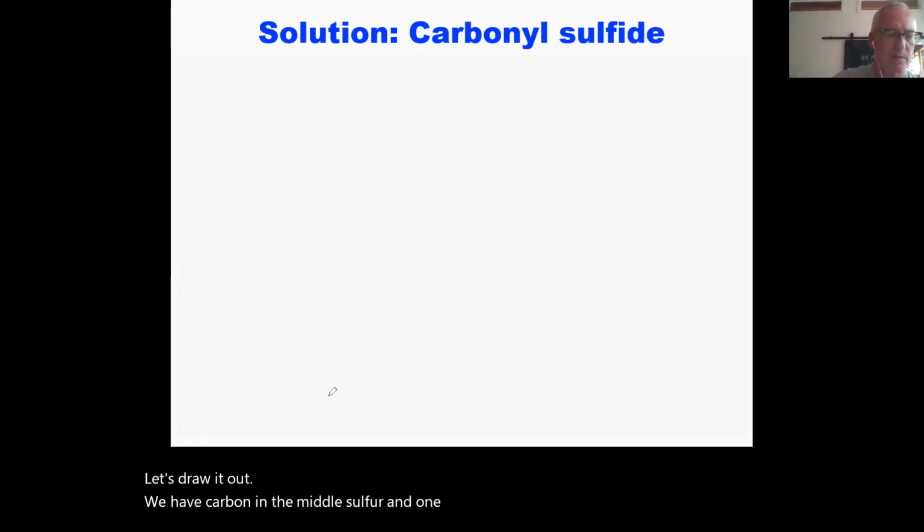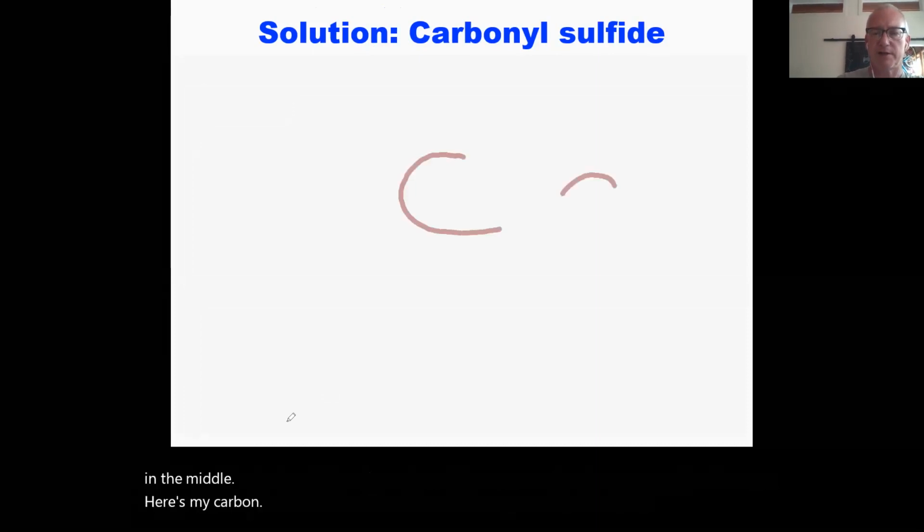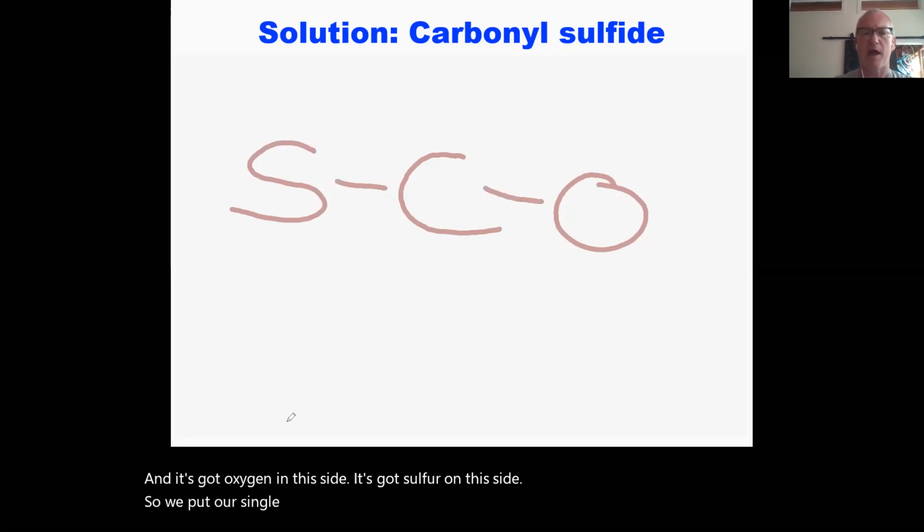As usual, carbon goes in the middle. So here's my carbon. It's got oxygen on this side, sulfur on this side. So we put our single bonds in there. We know carbon's got 4 valence electrons, right? How many does oxygen have?